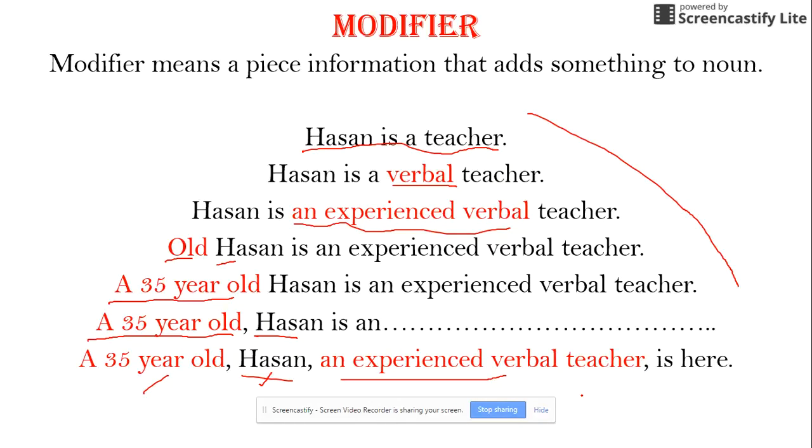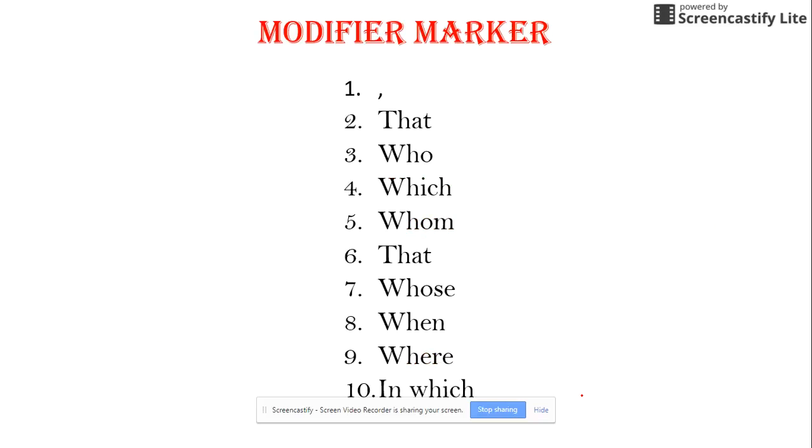Finally, one thing we should understand: a modifier can be a word or a group of words. It can be a phrase, it can be shorter, it can be longer, it can be anything. Now, what should we look at? These are 10 points that GMAT tests in modifiers.